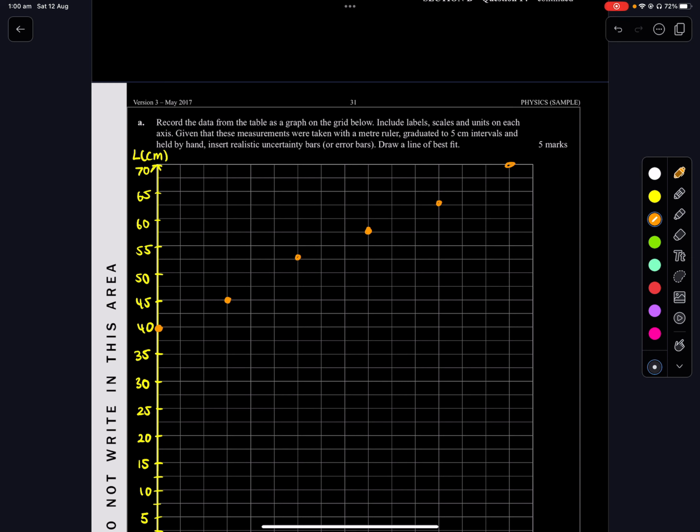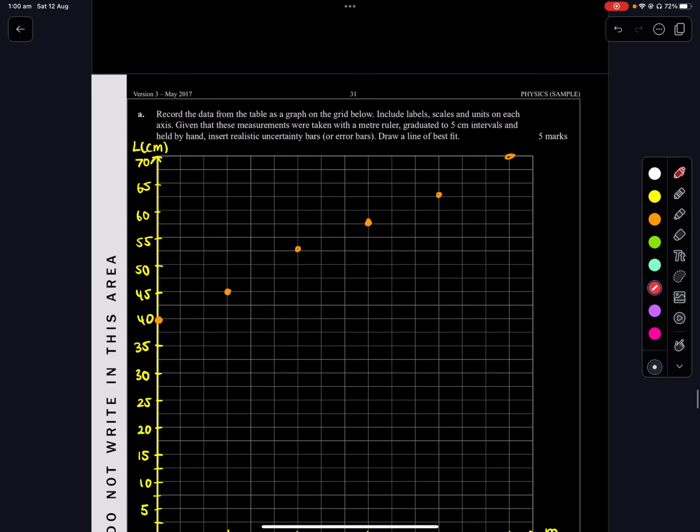So 2.5 centimeters is going to be our actual error bars. Our error bars are going to look like this: 2.5 up there and 2.5 down. Okay, perfect. So it looks like this. Something like that, okay.